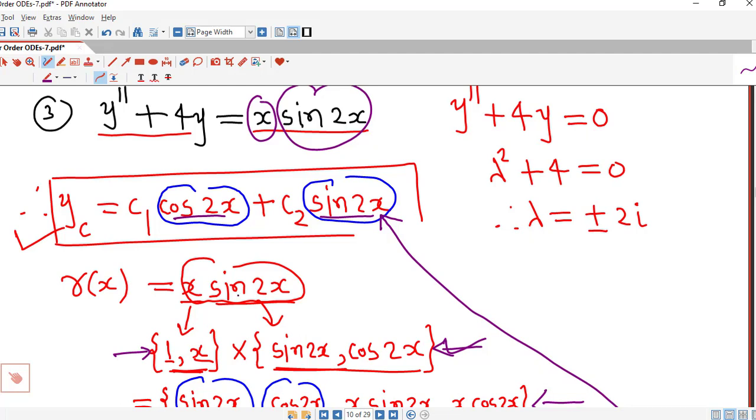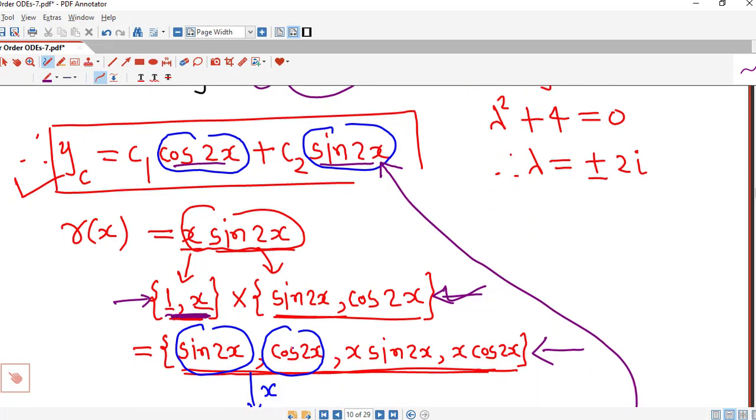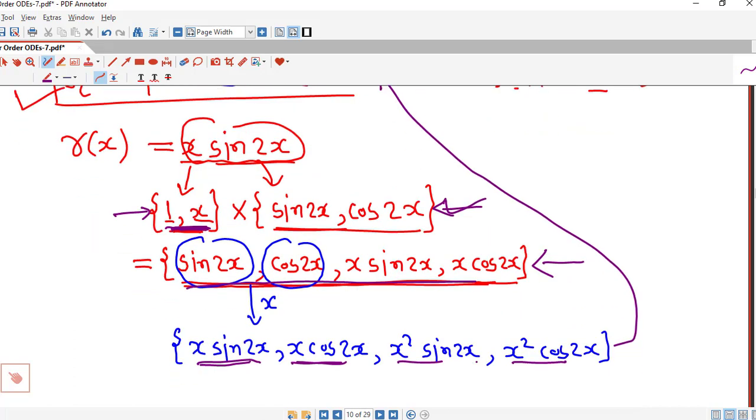We will write down the family corresponding to this function, and we will check whether any member is present in the complementary function or not. If it is present, then we will modify that corresponding family only. But if two functions are in the product, first we will take the Cartesian product of the families corresponding to the functions in the product, and then we will check whether any member of the Cartesian product is present in the complementary function or not.